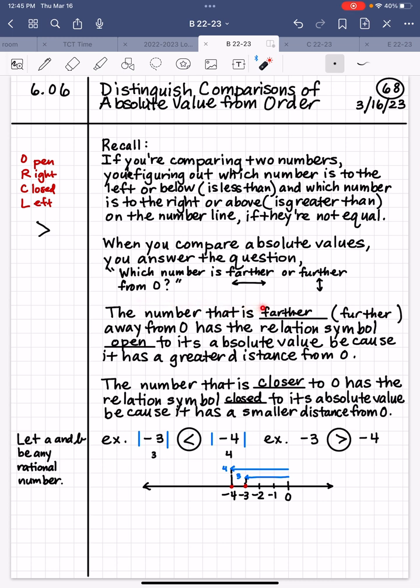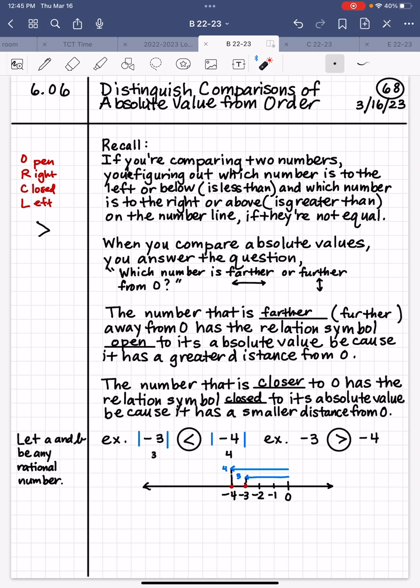The number that is farther or further away from zero has the relation symbol open to it. So it's going to be open if that number is further away from zero to its absolute value, because it, which is that number, has a greater distance from zero, okay? It is further away from zero.